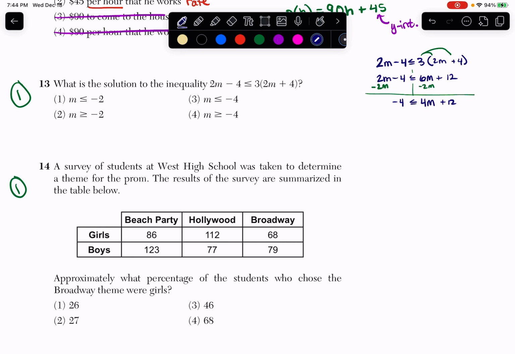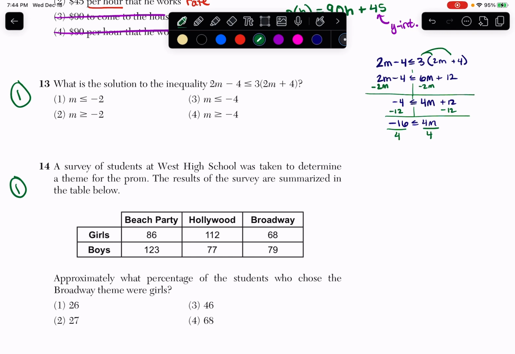And now, if my m's are on the right, I want my constants on the left. So I'm going to subtract 12 on both sides. Now I have negative 16 is less than or equal to 4m. And then finally, to get m alone, I'm going to divide both sides by 4.